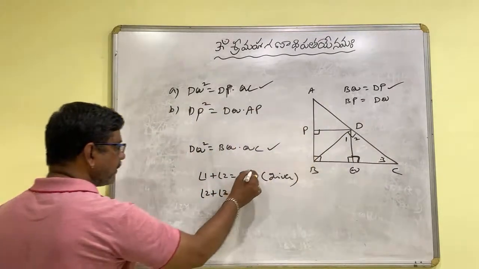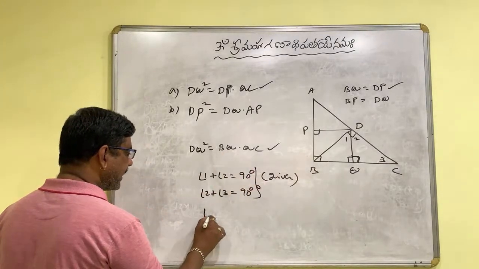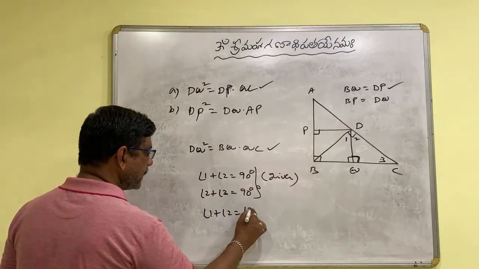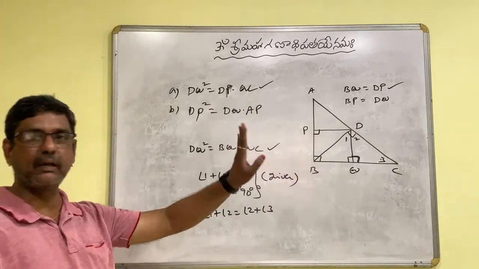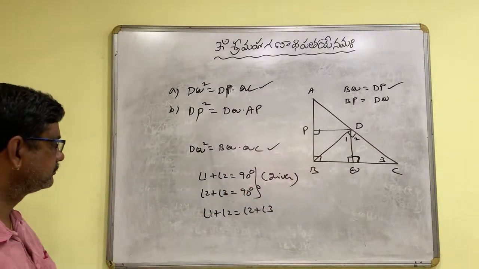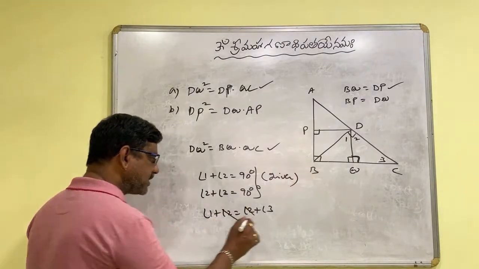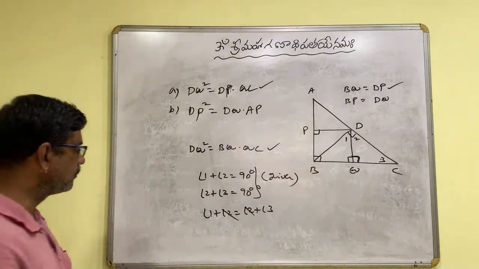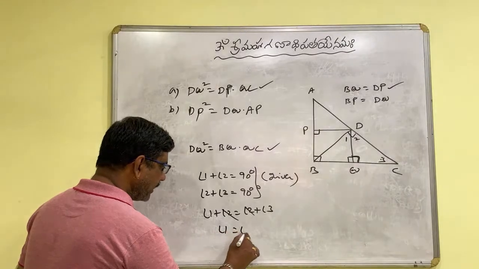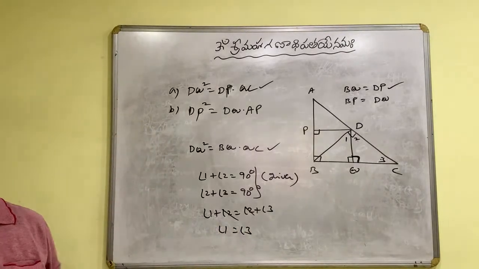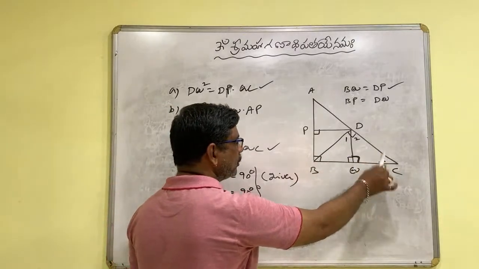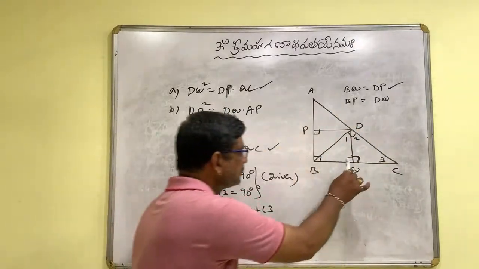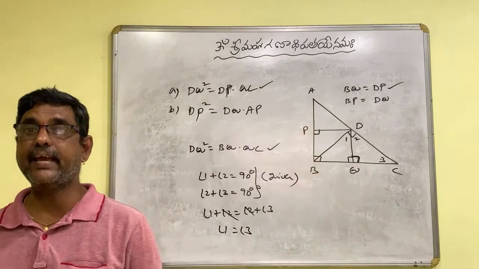Then from these two statements we can write angle 1 plus angle 2 is equal to angle 2 plus angle 3. So these two get cancelled. What is remaining? Angle 1 is equal to angle 3, and both are 90 degrees.